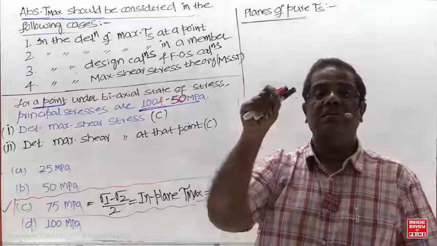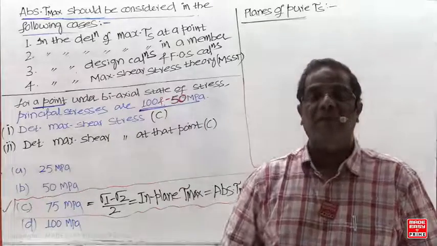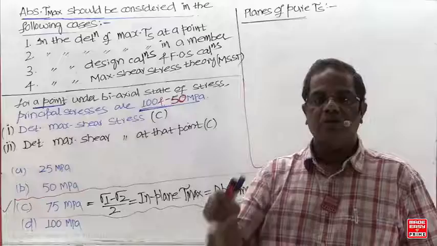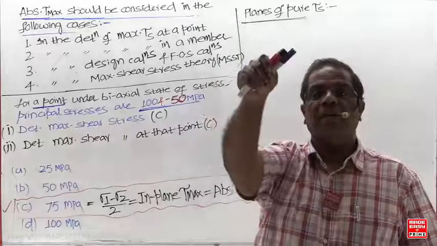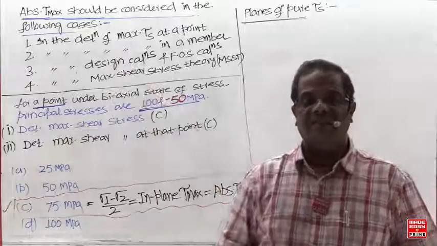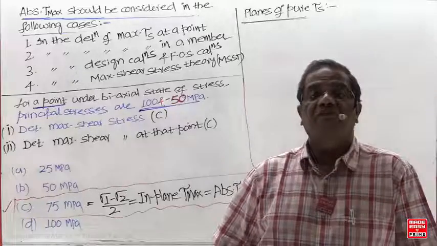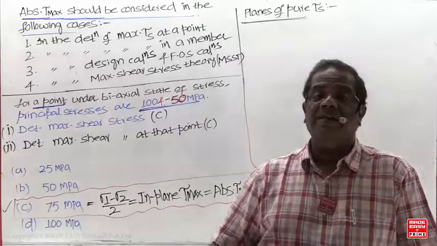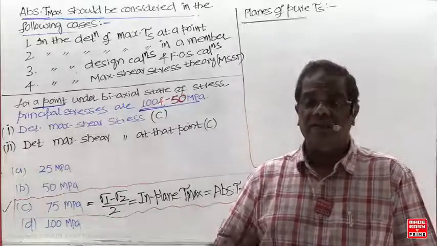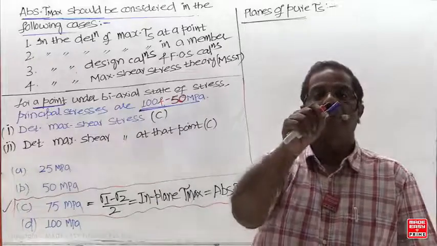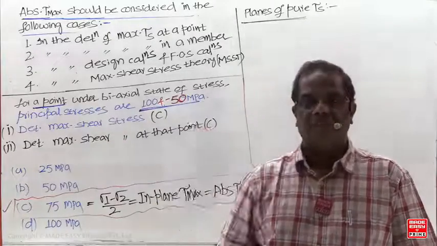Suppose in the question sigma x, sigma y, tau xy values are given. If an MSQ question is asked: for a point under biaxial state of stress, which of the following statements is correct? Principal planes always exist.